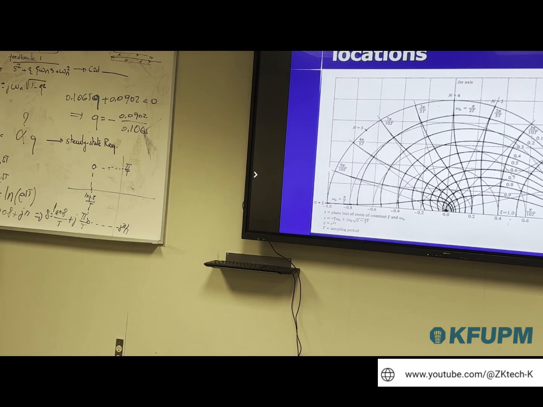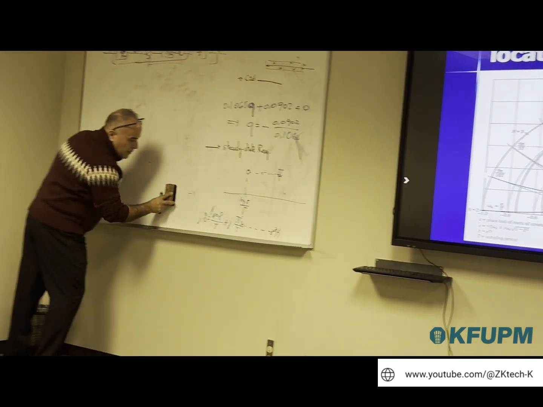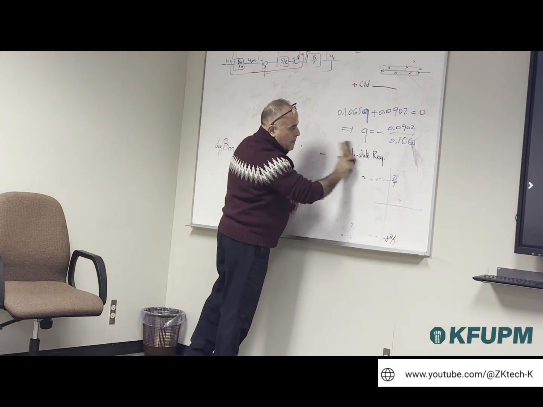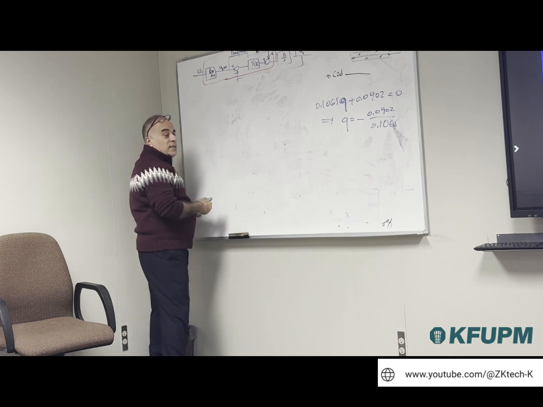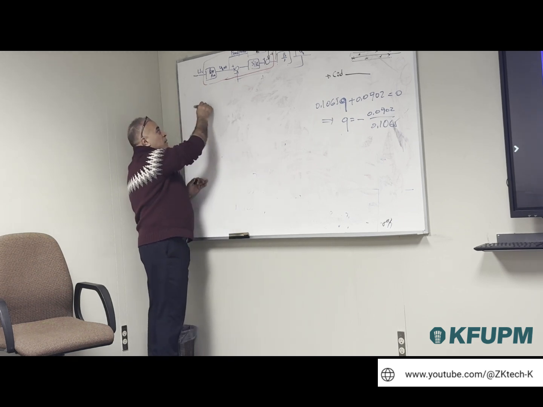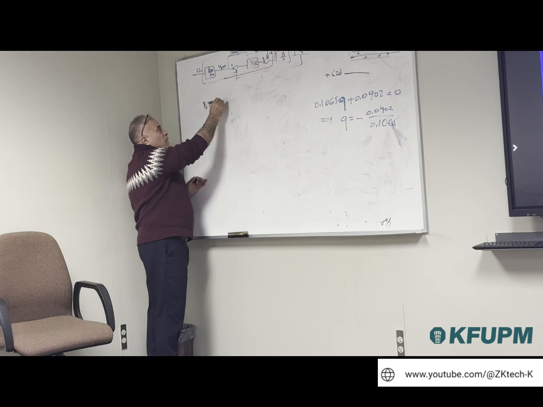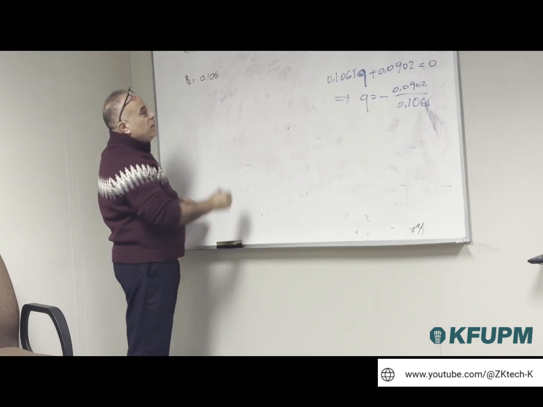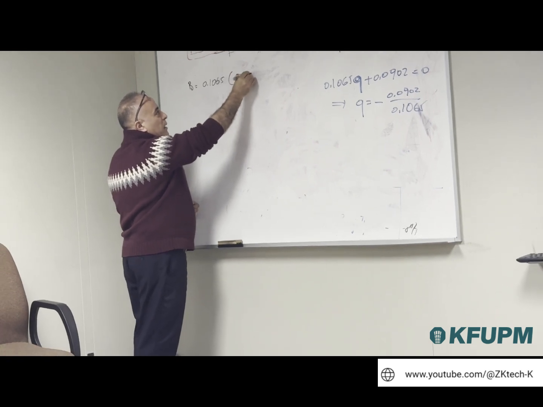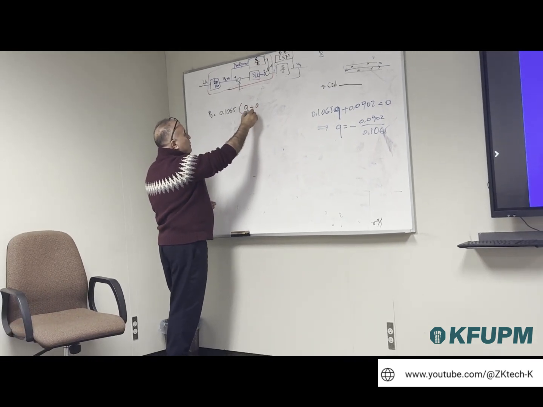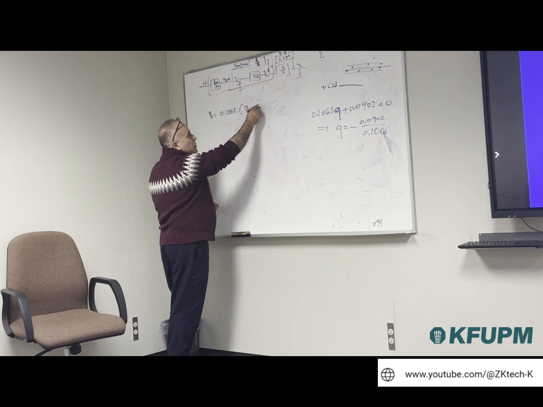So if we assume this is acceptable, this is our first assumption, then I'm able to write B as equal to 0.1065 multiplied by Q plus 0.8.